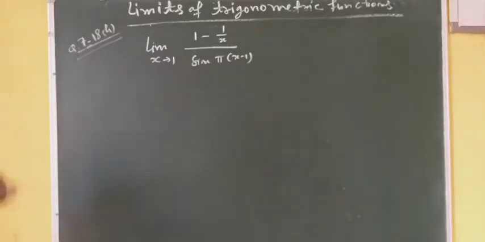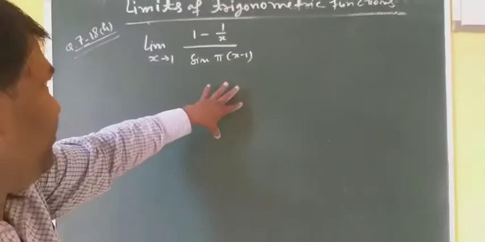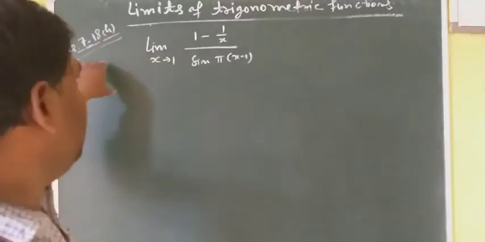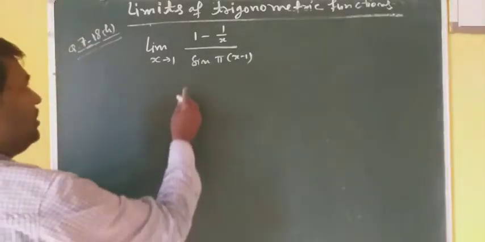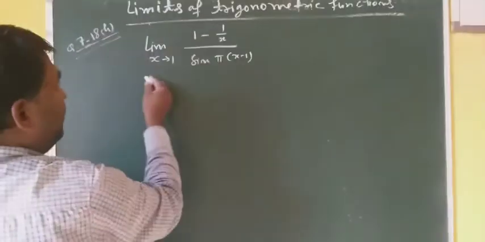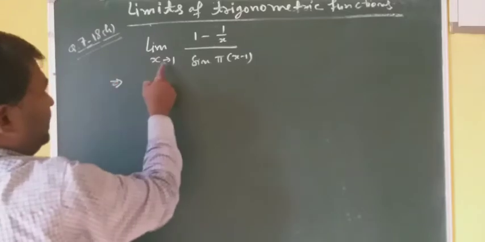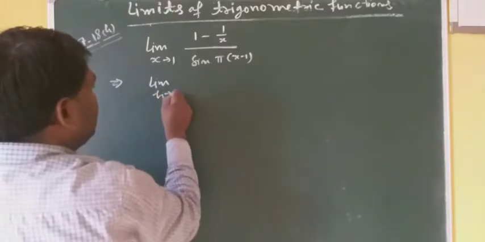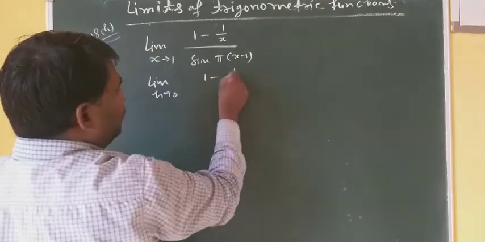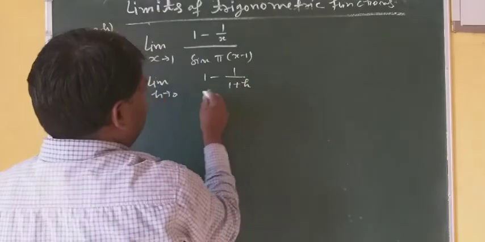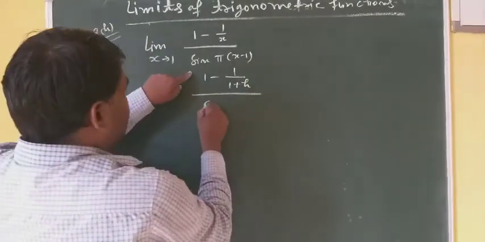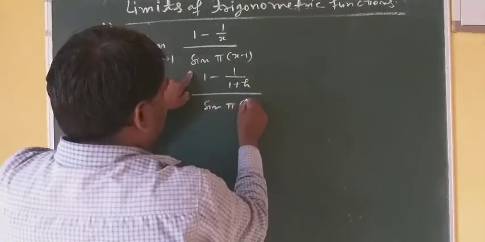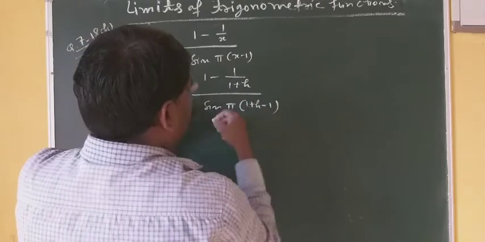One more question we are solving. The previous question was from exercise 18h, it was the first question. Here it is the 7th question from that exercise. Again by the same way, just putting at the place of x, 1 plus h. So limit h tends to 0, 1 minus 1 upon 1 plus h, upon sin pi times 1 plus h minus 1.